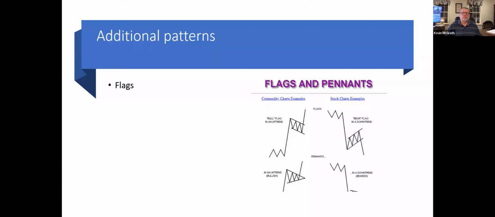If it gaps up in that first minute and pulls back, or in the first 5 minutes, and then breaks through, that's the ideal time to go long. If you haven't studied bull flags or things like that, this might be helpful in terms of gaps as they go up.